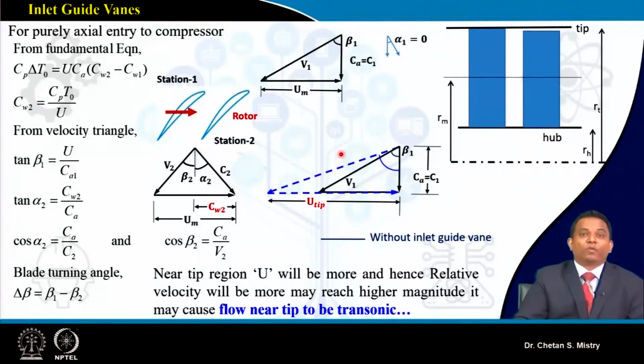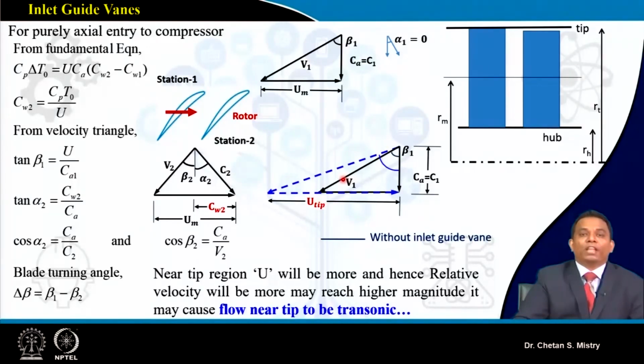Now this relative velocity will make our flow transonic in that particular region. So you can understand, if I put 3 different stations we have seen earlier, at hub station my V1 is less, at mid station my V1 will be increasing, and at the tip station we will have our relative velocity to be high.